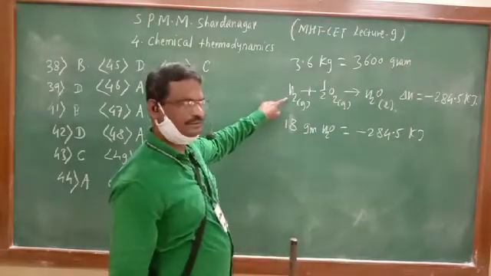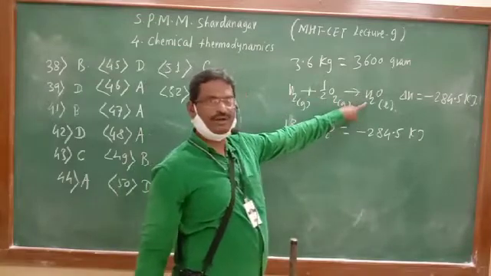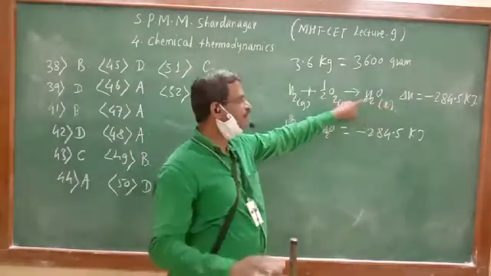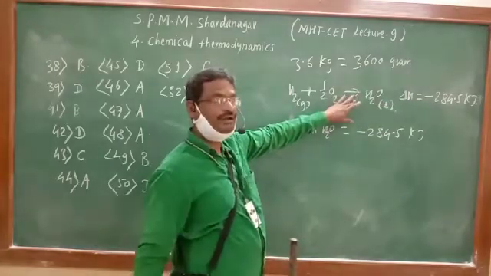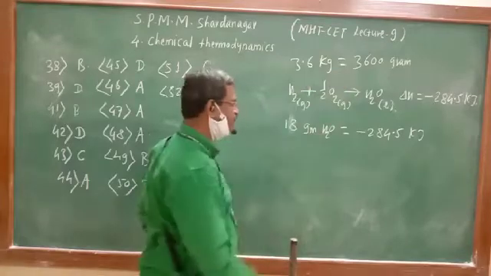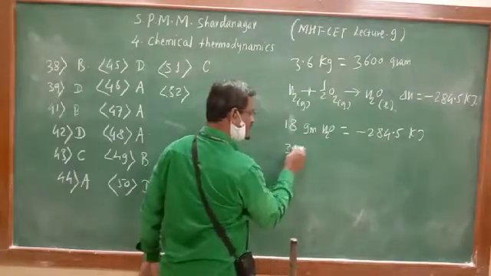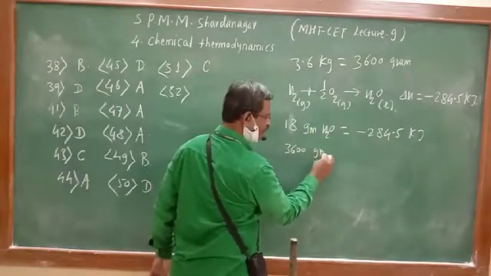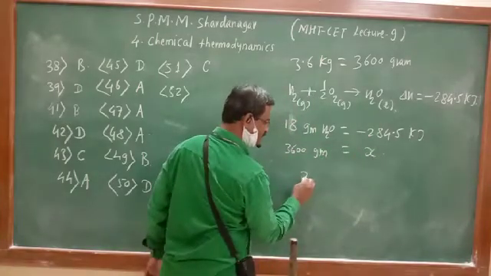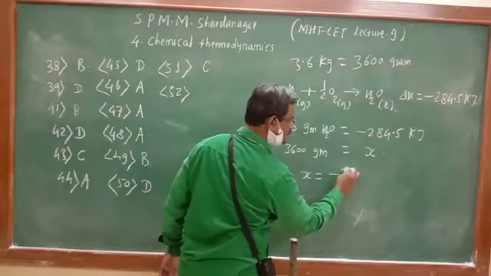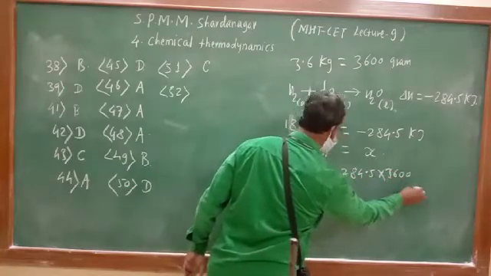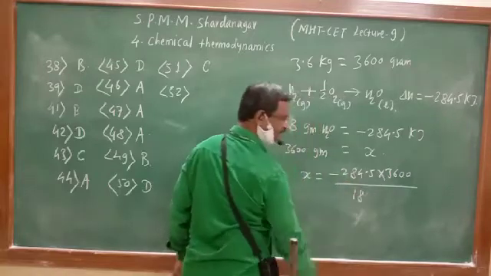For this reaction, 1 mole of water is formed. That is the enthalpy change, heat evolved. So what is the heat evolved whenever 3600 gram water is formed? 18 gram gives this, 3600 gram of water is equal to X. Doing cross multiplication, X will be equal to minus 284.5 into 3600 divided by 18.